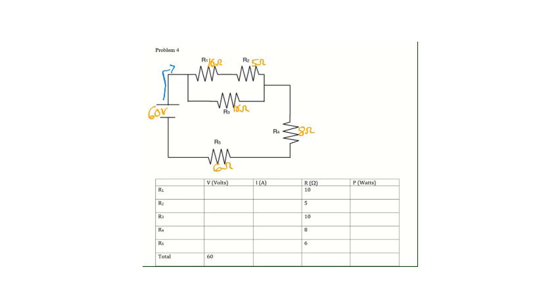So the first step is actually going to be to break that down, and we're going to create a box around that. And I'm going to put an S in the box to indicate that those two are in series. And I'm going to write V, I, and R because we're going to want to determine those quantities for this box.